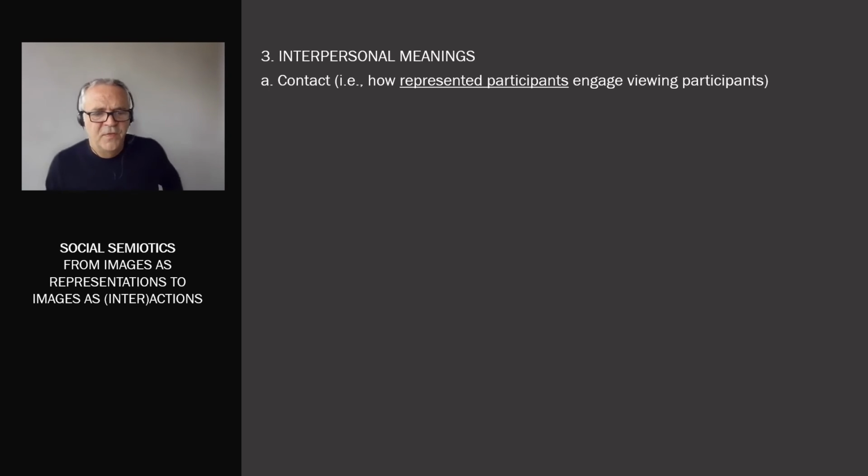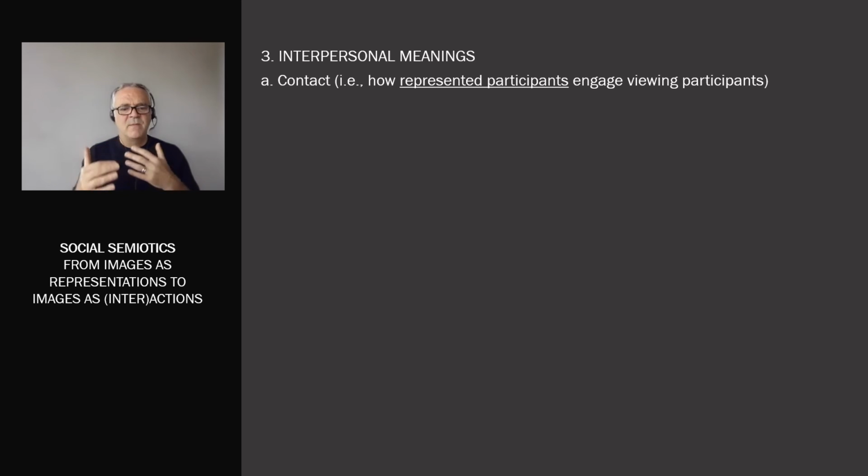We now turn to the third metafunction of communication, the first type of meaning that's always generated in communication, whether it's verbal communication or visual communication. And in this case, it's interpersonal meanings. And here I've got three or four specific concepts or tools to consider.